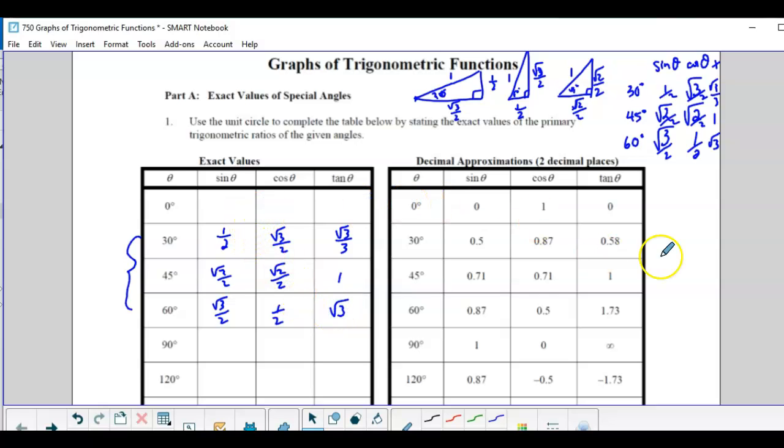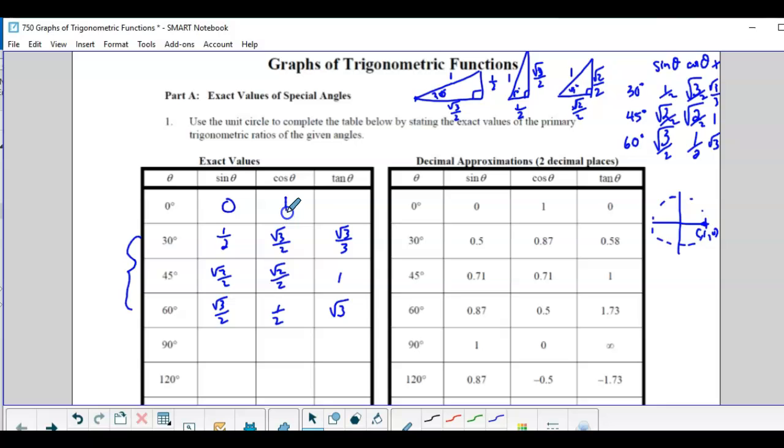Now, 0 degrees, remember, that's a quadrantal angle. So 0 degrees is here, if we're looking on the unit circle. The coordinates here are 1 and 0. So sine of 0 degrees is 0, because it's the y value. Y value 0 over 1 is 0.